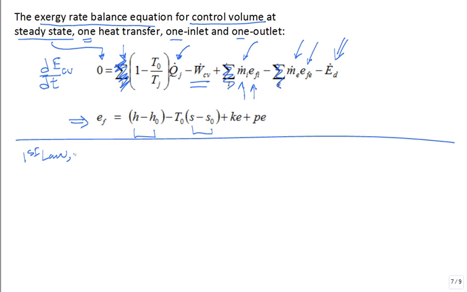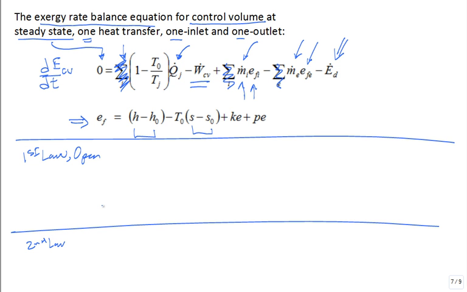What you might want to do is right here, can you from memory write down the first law for an open system, for a control volume? Can you write down the second law for an open system, for a control volume? This first law is an energy balance. So we'd have the rate of change of energy in the control volume with respect to time, accumulate or deplete. We have what? Q dot in minus W dot out, right?